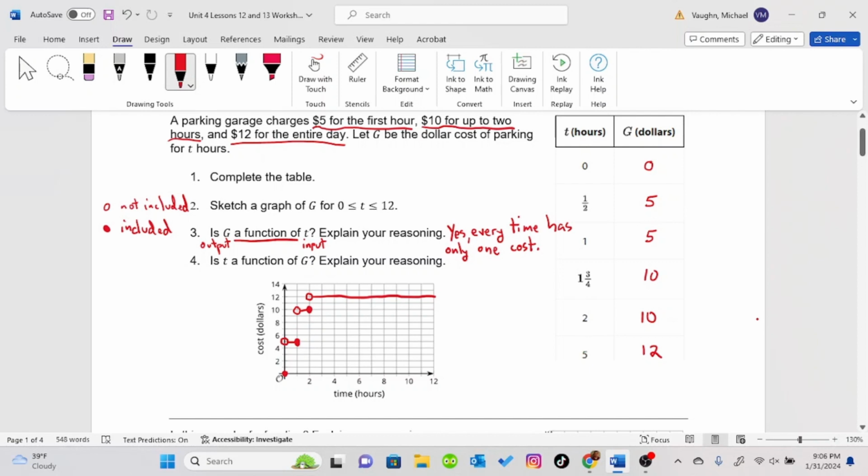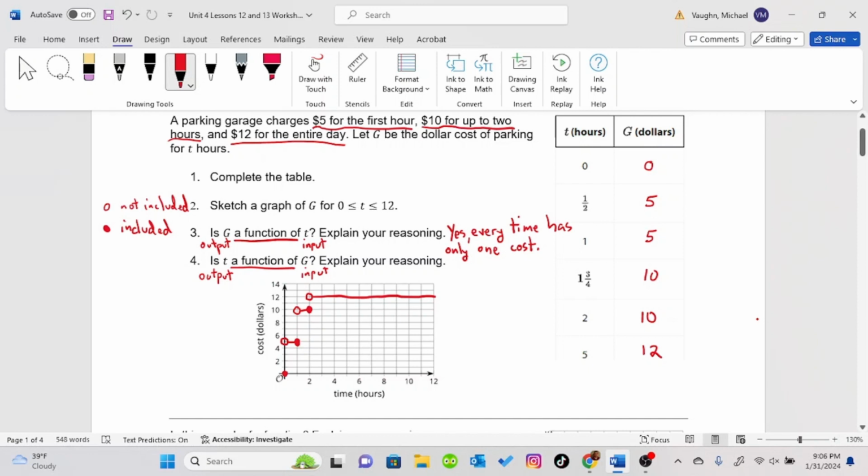Number 4, is T a function of G? Again, a function of means cost is the input and time is the output. In order for this to be a function, every cost could have only one time. But we can see the $12 cost has every time above 2 hours.